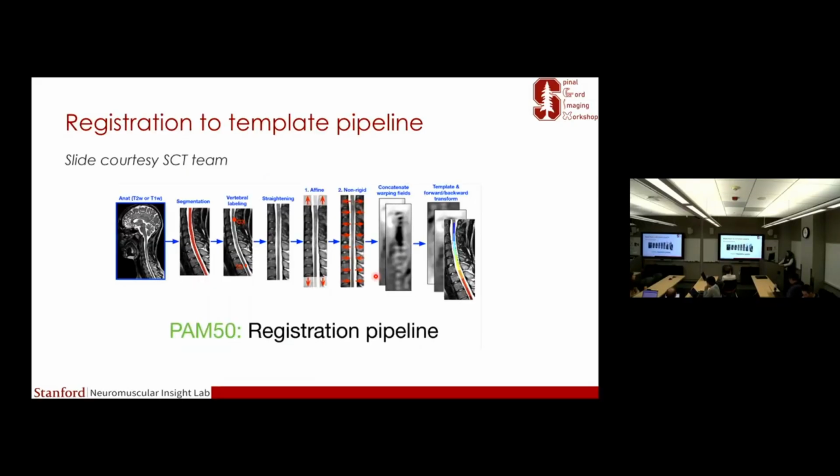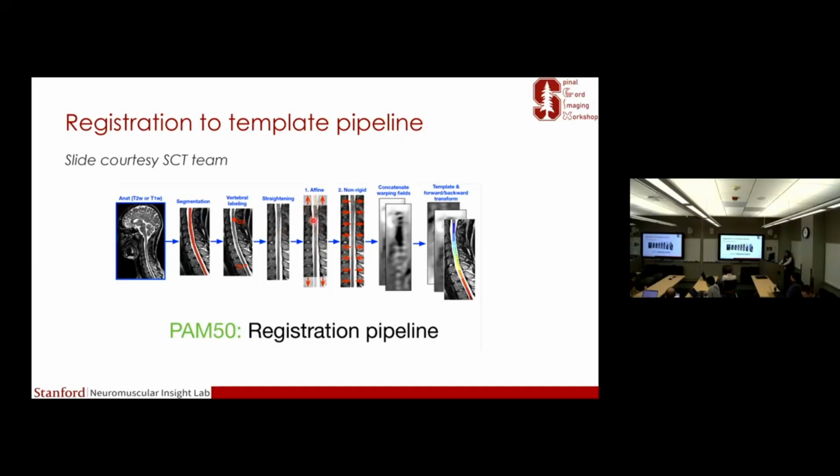And basically what we want to do with our anatomical pipeline initially is to bring our anatomical image to the template space. Sandrine also mentioned that in her talk, but in order to do that, we first identify the spinal cord. This is the segmentation. And then we can label the vertebra, but we might also do different things. I will talk about that. Then this is used to straighten the spinal cord.